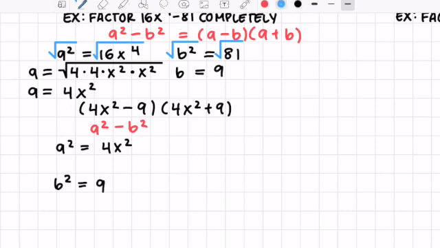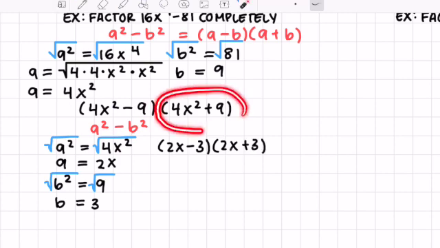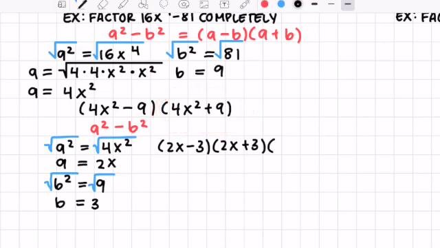And if I were to square root it for both, I get here a equaling 2x and b equaling 3. So our new term is going to be 2x minus 3 and 2x plus 3. Then don't forget to also drop down your original factor, which was that 4x squared plus 9. And that would be my final answer.